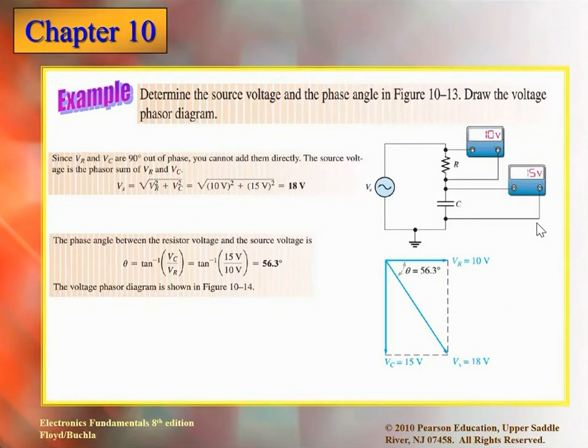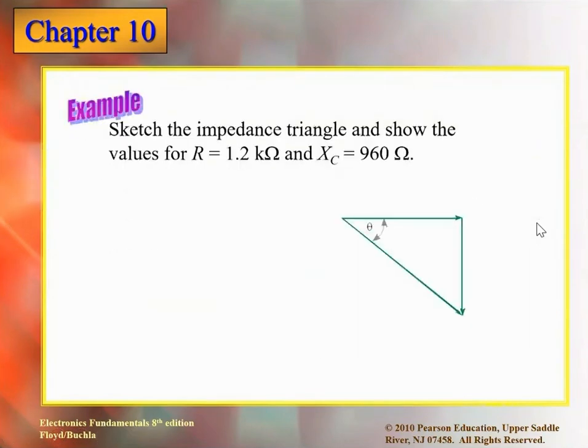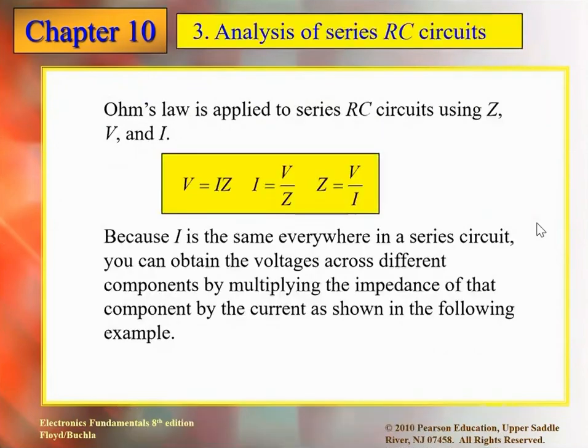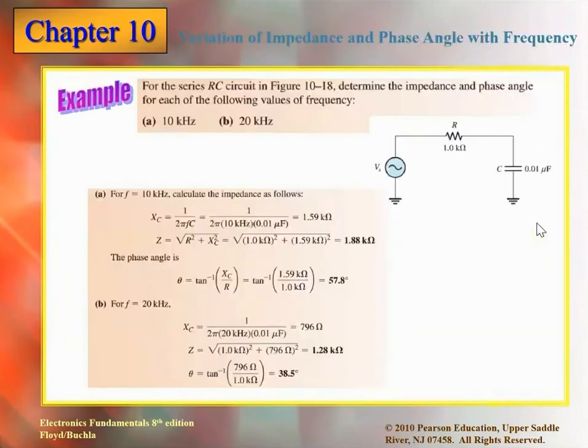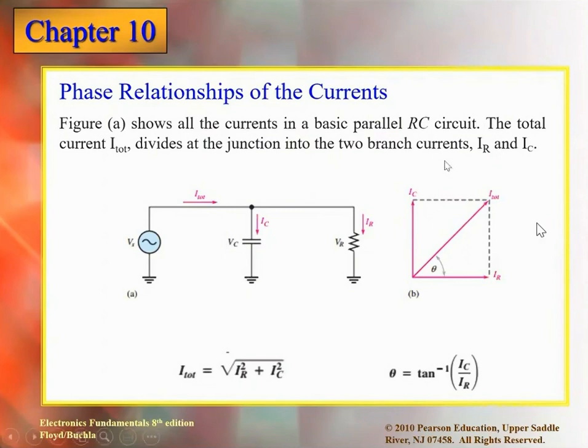And for the parallel, we know that the current is different, so we have a current phasor for the parallel circuit. So this is parallel, and we have a current phasor for that. IR is here and IC is here.